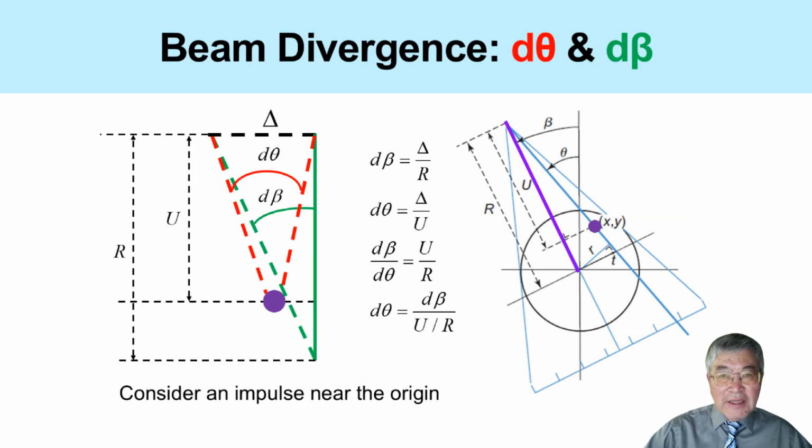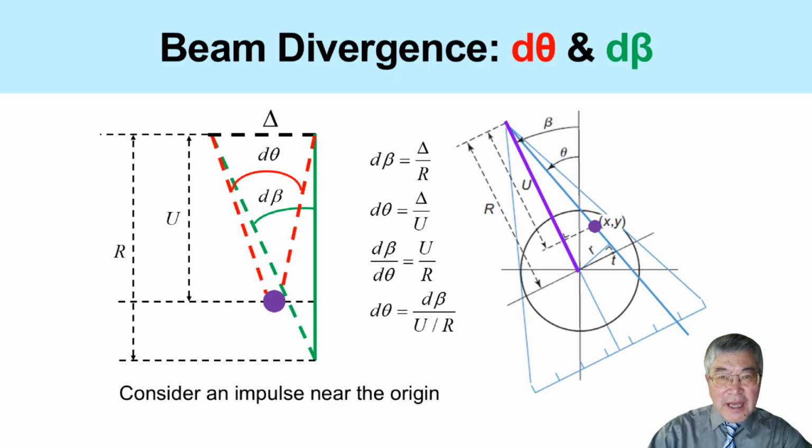To find the second factor, we need to look at the angular variables. In parallel beam geometry, we describe the projection direction by an angle called theta. In fan beam geometry, we describe the source position by another angle called beta. These two angles are related, but they do not change at exactly the same rate.